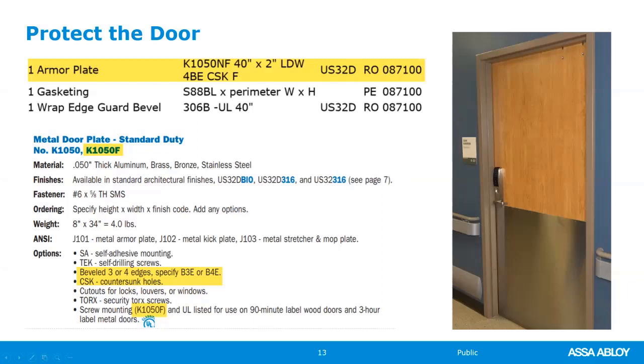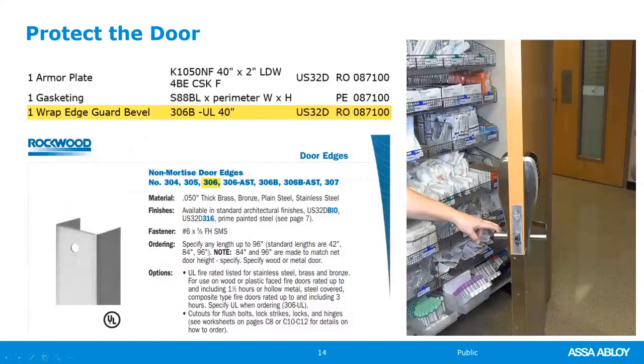Any protection plate that's over 16 inches above the bottom of the door needs to be fire rated, including, you notice, the wraparound edge guard also has the UL symbol. The edge guard is the same height as the Armour Plate and should be, and you've got to pay attention to the model number.